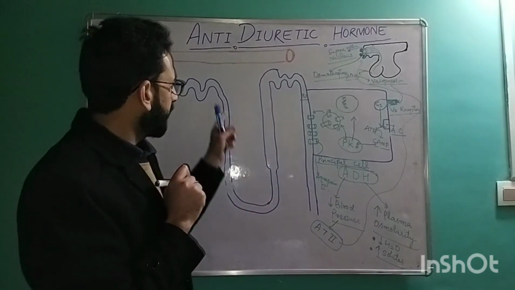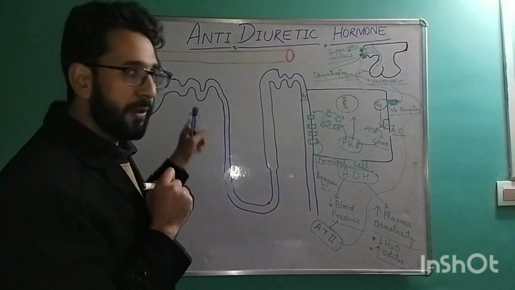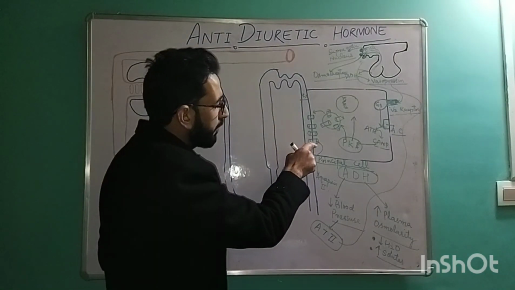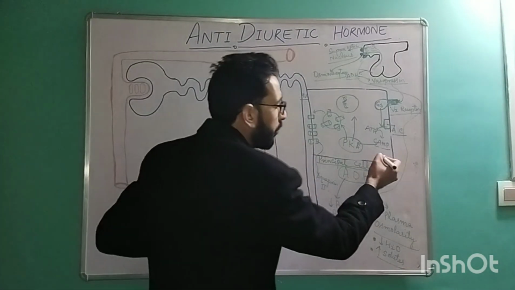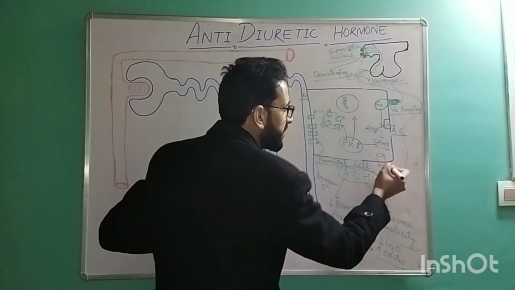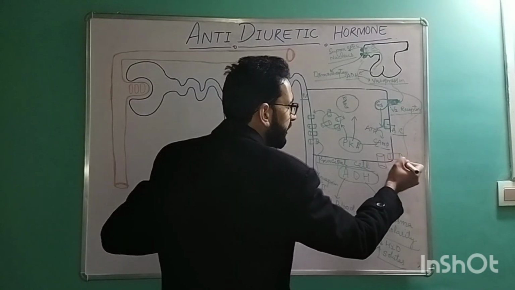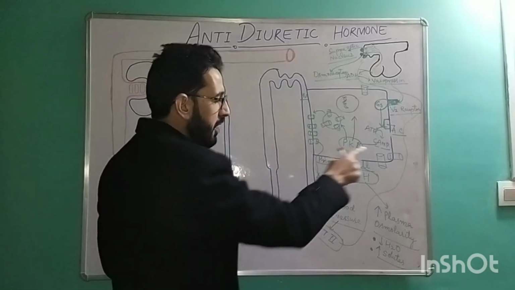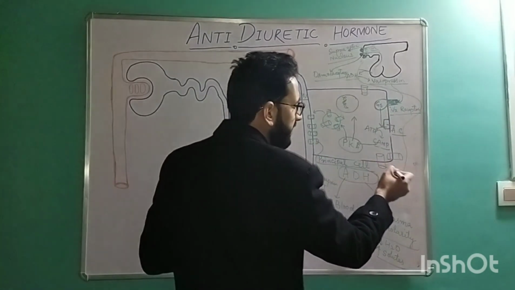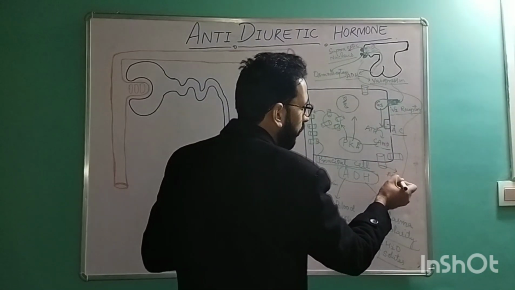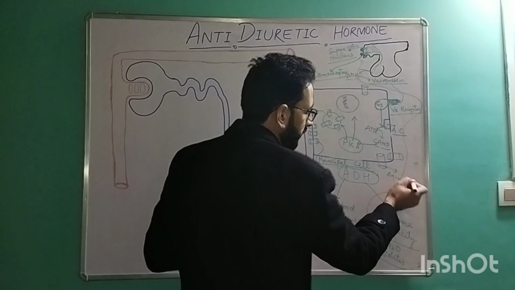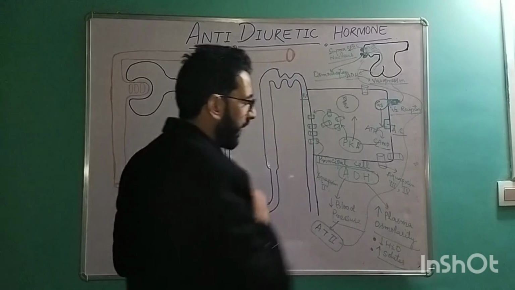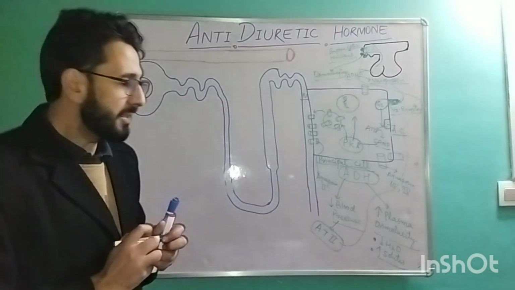We have aquaporin 1 in the descending limb of the loop of Henle. Okay, that is a separate topic. So these channels are called aquaporin 2. And we have aquaporin 3 and 4, which are present on the basolateral membrane of this principal cell. Fine? So these channels are called aquaporin 3 and 4.